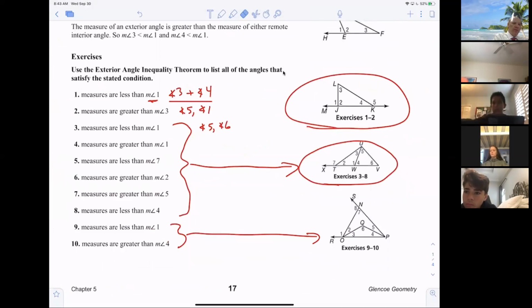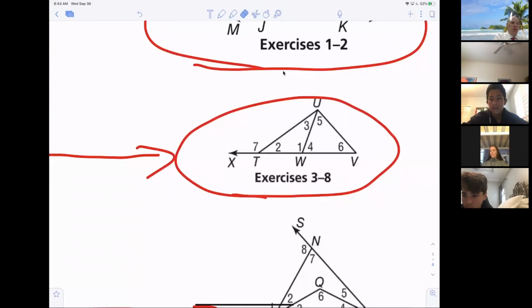All right, and see if there's anything else. Measures that are less than angle 1. Anything? Maybe 4. Say what? Maybe 4. Yeah, but again, that's good, but these are referred to as adjacent angles, or we could say they are supplementary.